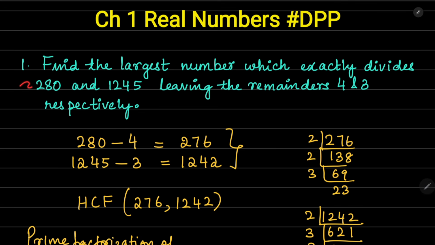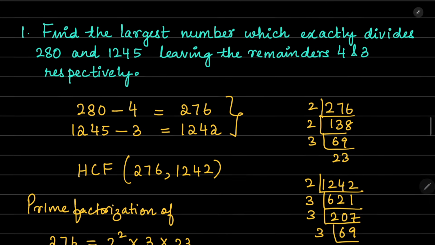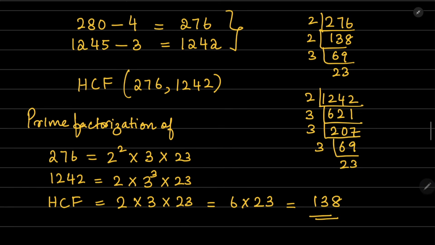You could be asked even a set of 3 numbers, leaving three different remainders. So the first thing that you have to do is subtract the remainder from the given number, get the actual number for which you have to find the HCF. Okay, so this is how you have to proceed. Right, so the answer is 138.